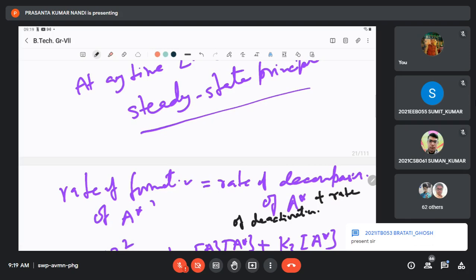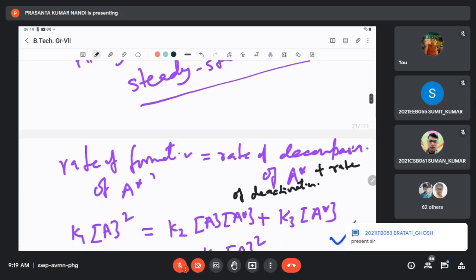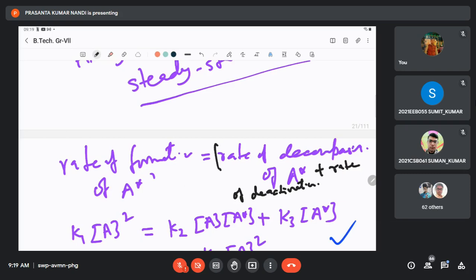The total rate of disappearance is the rate of decomposition through the third step plus the rate of deactivation. These two steps together constitute what we call the rate of disappearance of A star.